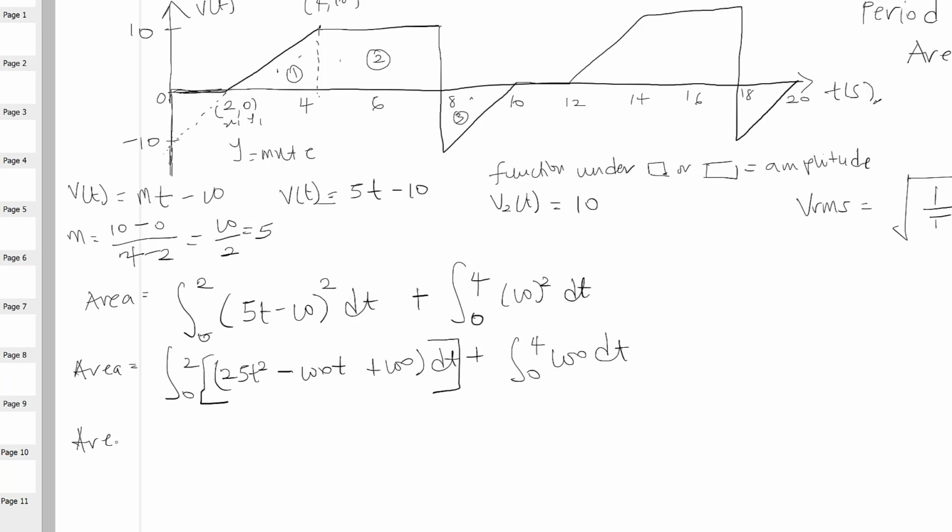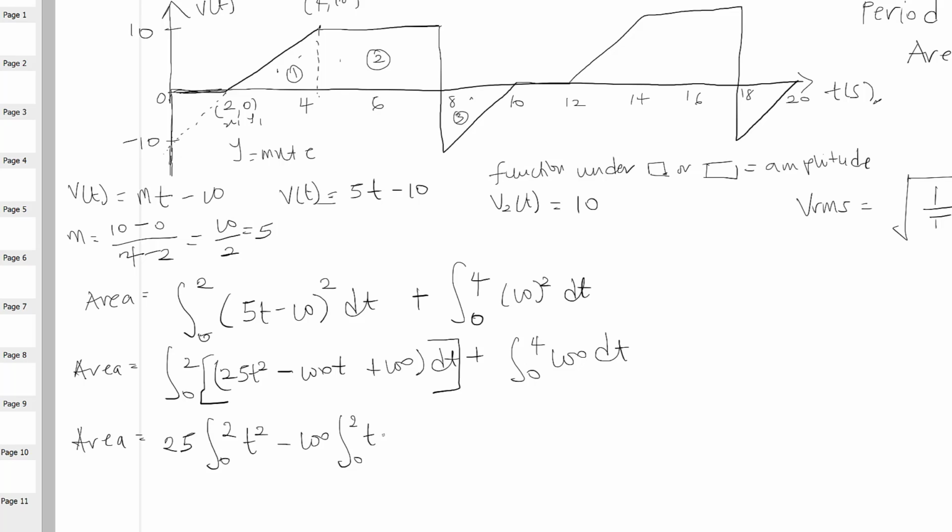Area will be equal to, you can see that the 25 is a constant, so I can bring it out and integrate from 0 to 2. We have t squared over here. I can bring the 100 out, integrate from 0 to 2.